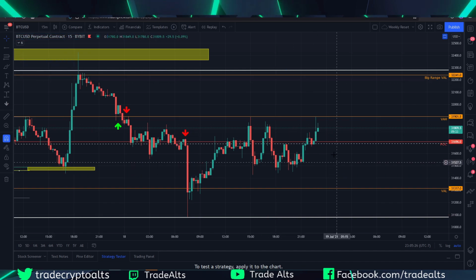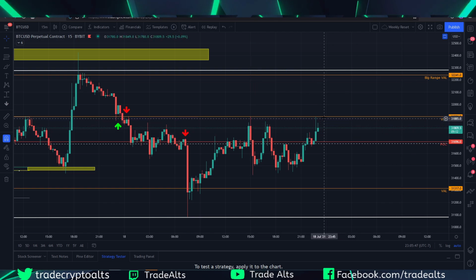Value area high, ever since it was lost here, was a really nice short opportunity, by the way, like we talked about. We've come back to test it as resistance, and look at the precision. That's what I like. These are basically exact rejections from this level.